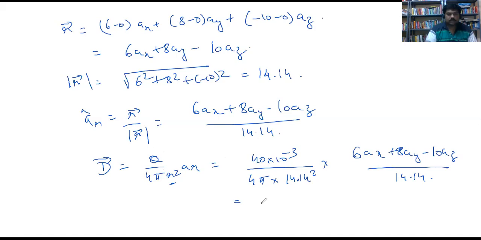This equals 6.75AX plus 9AY minus 11.25AZ, these many microcoulomb per meter square. So this is the first sub question being solved.